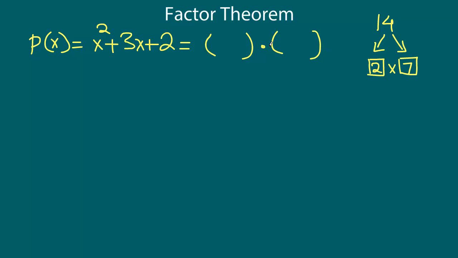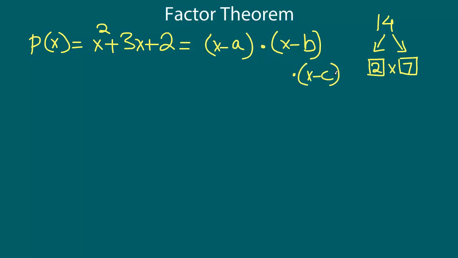In this case, let's say the two factors are x minus a and x minus b, where both a and b are real numbers. Now, why didn't we put another parenthesis here, times x minus c?